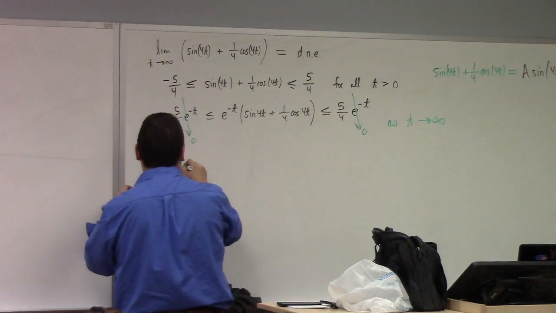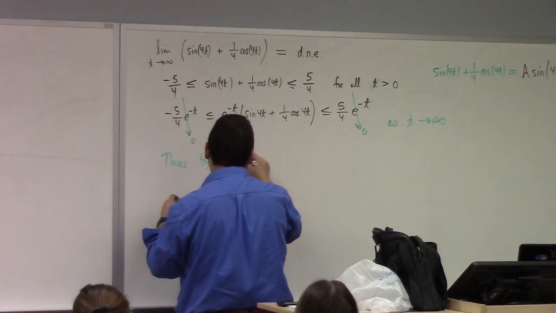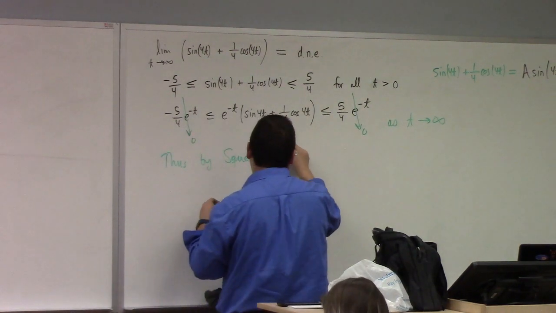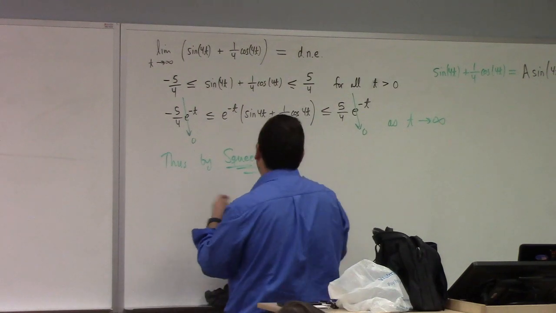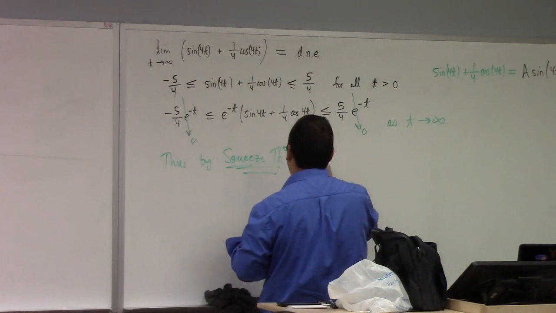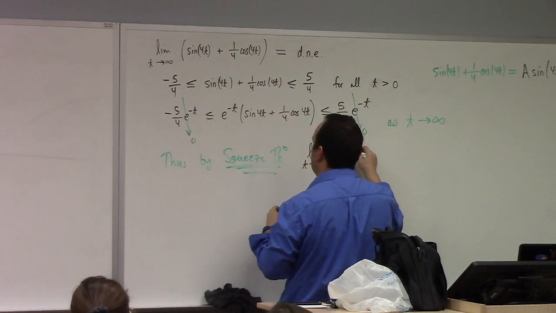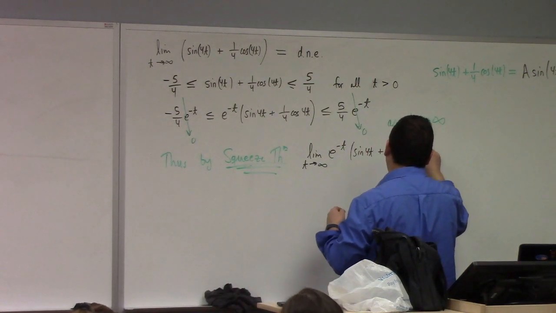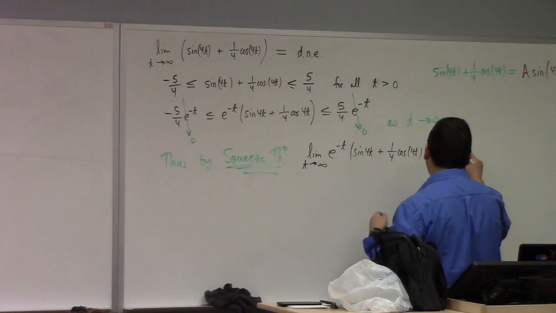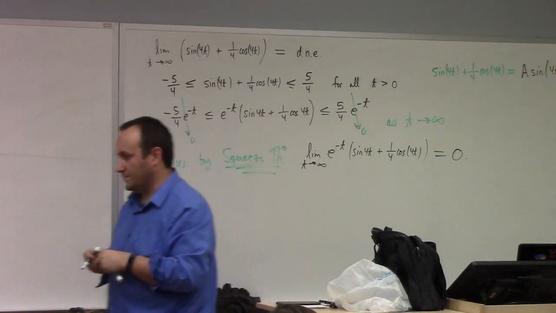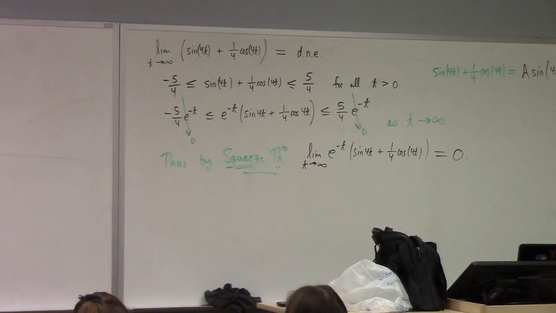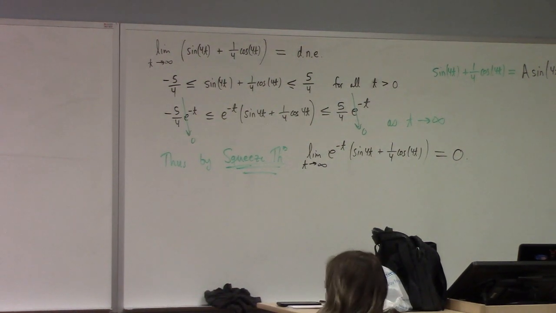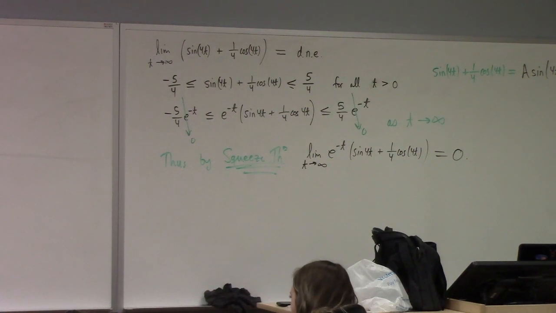Thus, by squeeze theorem, we have that the limit as t goes to infinity of e to the minus t sine 4t plus 1/4 cosine 4t is equal to 0. Right? So all of this just to carefully explain to you that the thing with the underlined green squiggle goes to 0. And so the integral converges to 1 over 1/17.